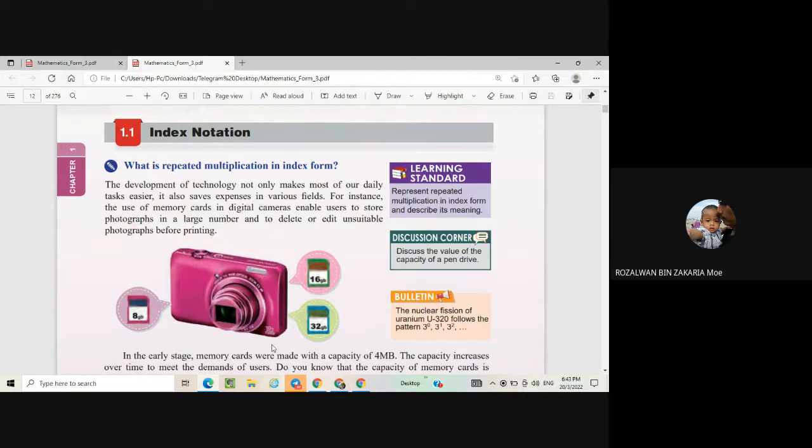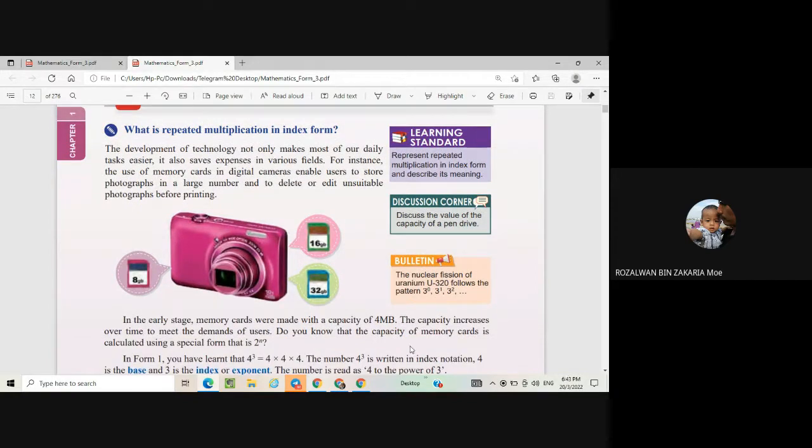In the early stage, memory cards were made with a capacity of only 4 megabytes, but now, as you know, the capacity has increased because of the demand of users.